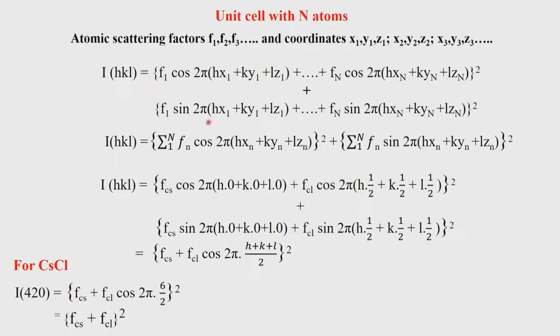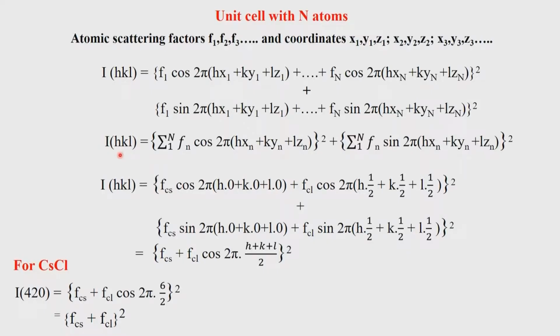Here we have shown the general equation by means of which we can calculate the intensities, because that is what we experimentally measure in a diffraction experiment. Since we have the intensities available, we can use these intensities and then determine the structure factors. The major problem which comes up there is the phase problem.